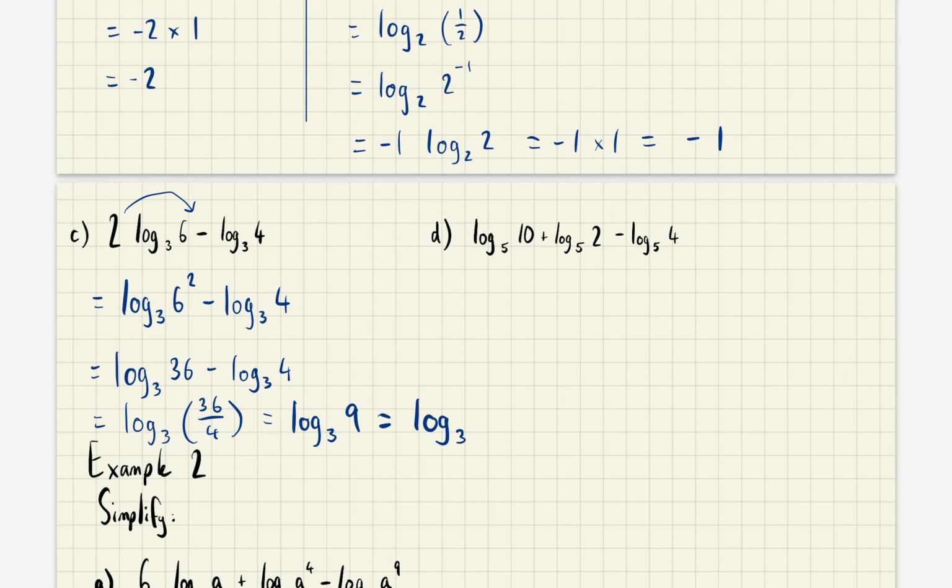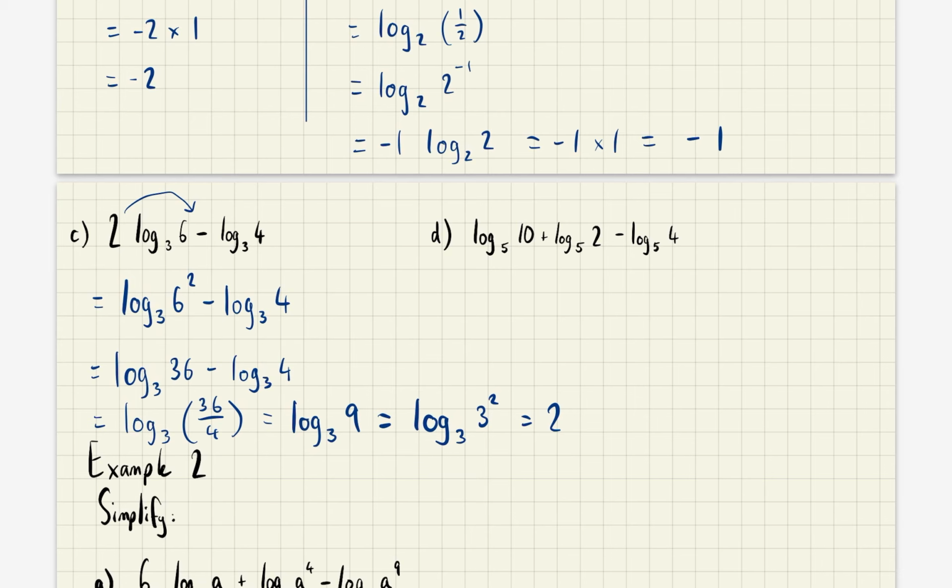We can rewrite the 9 as 3 squared, because 3 squared is equal to 9. I can then bring the 2 to the front using the exponent law, and then log base 3, 3 is equal to 1. So that whole thing is equal to just 2. So that's the evaluation there.